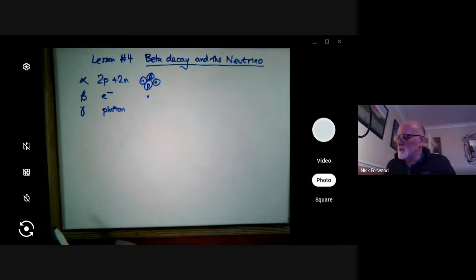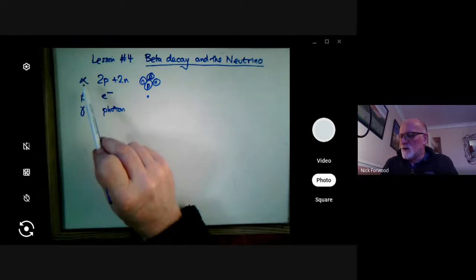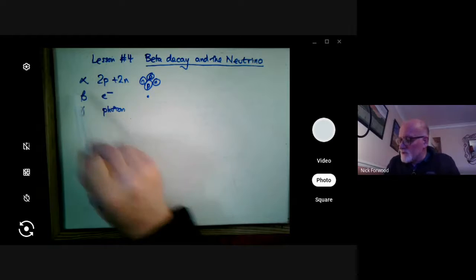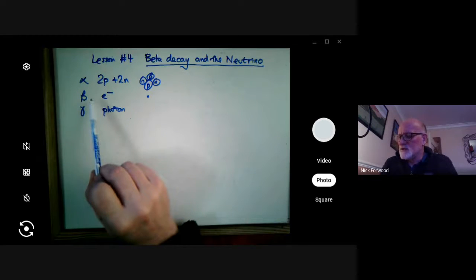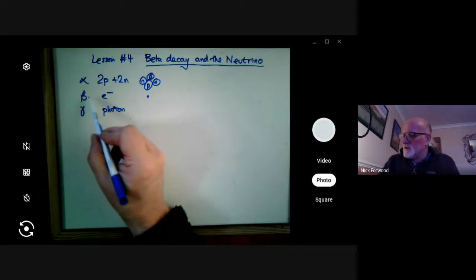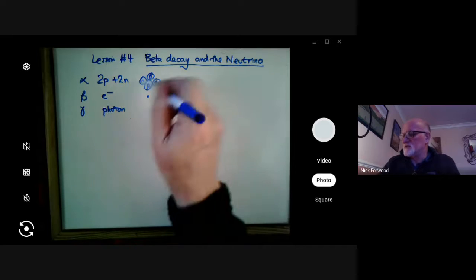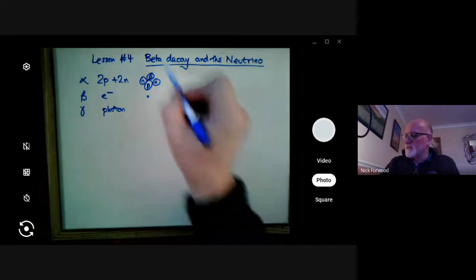Now, the important thing about all of these types of decay, whether it's alpha, beta, or gamma, is that all of these particles, plus the photon of energy, are all produced from the nucleus of an atom. Don't get fooled into thinking that beta radiation is because of an electron that's orbiting a nucleus, say a helium nucleus with 2 protons and a couple of electrons in orbit.